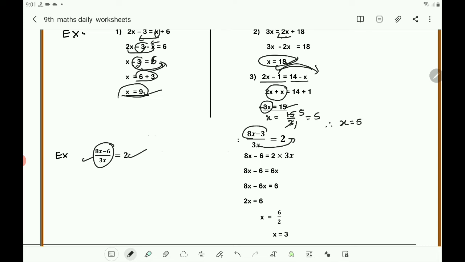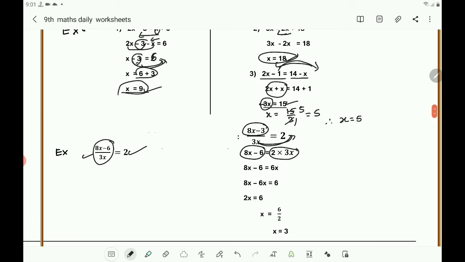So what will remain in the LHS? Only 8x minus 6 will remain in the LHS. You write 8x minus 6 equals 2 into 3x. Then now you got 8x minus 6 equals 2 3s are 6x.